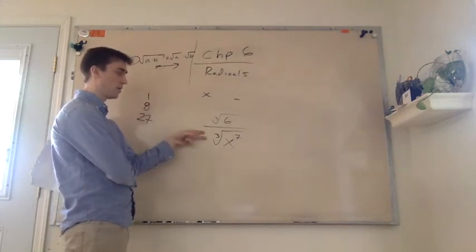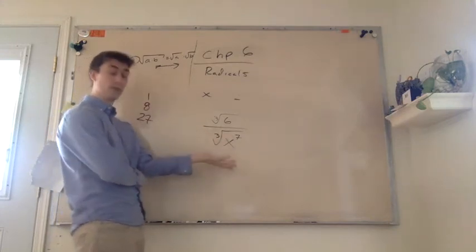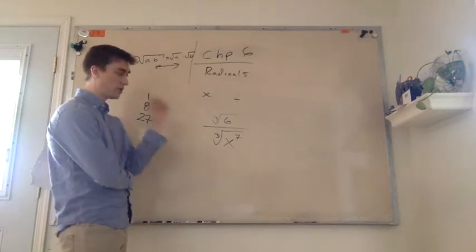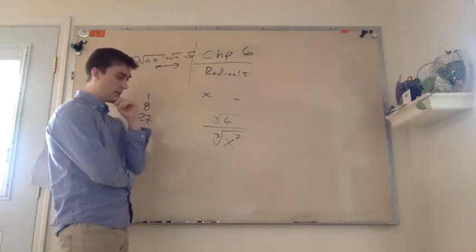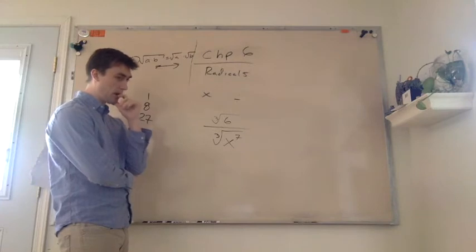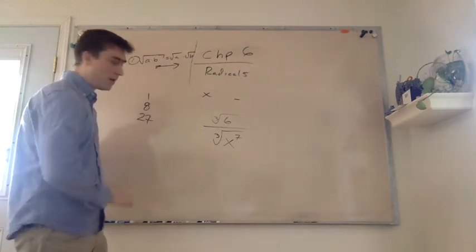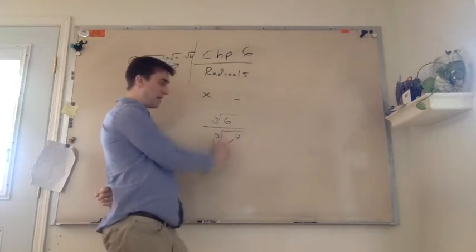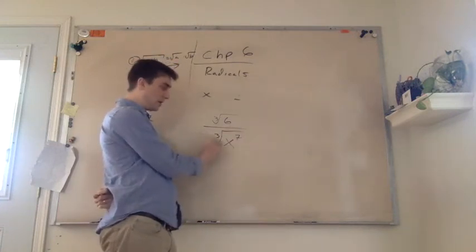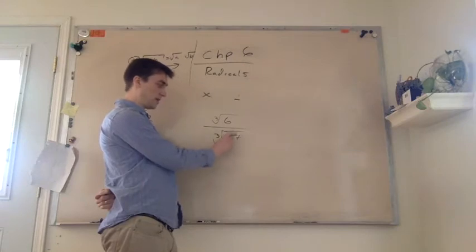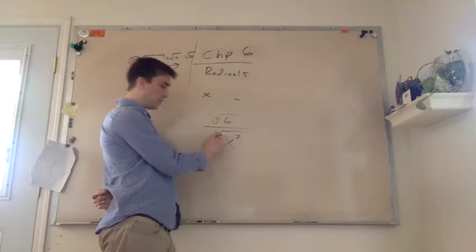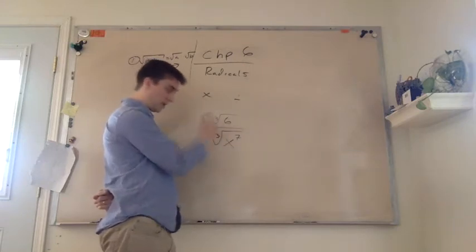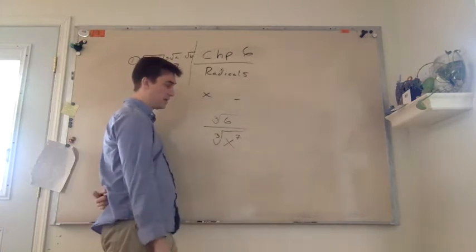This denominator, though, has some simplification that can be done before you even start. There's a couple ways to do this. You could add something in and then get it to be something. If you want to cancel this, you need x to some power, something to the third power, so that the cube root and the third power cancel.